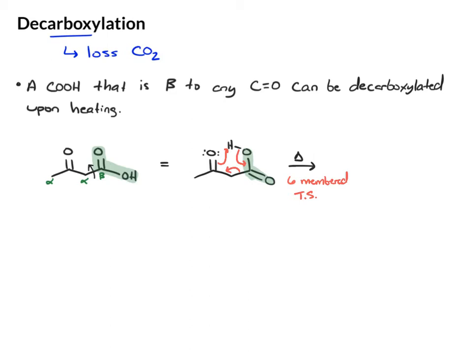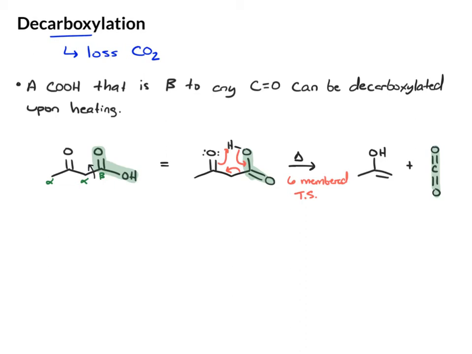So if you track the electron flow, what you end up with is an enol plus what we've highlighted in green ends up just being CO2. So that shows where the CO2 is lost.